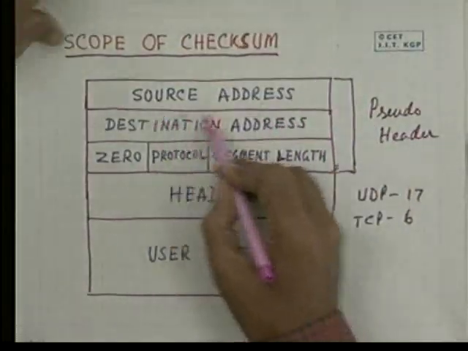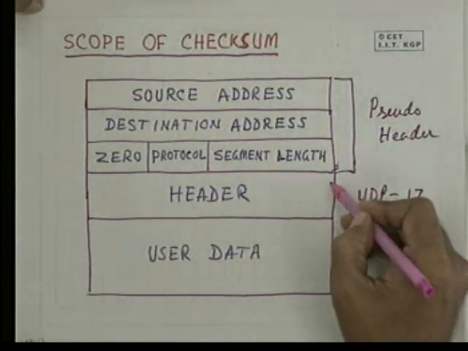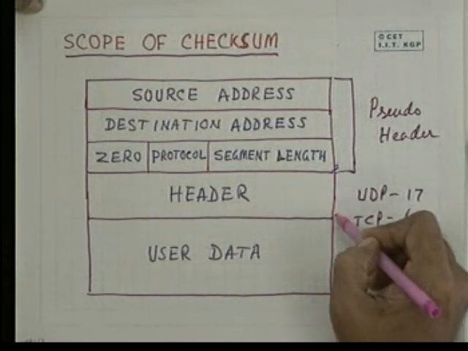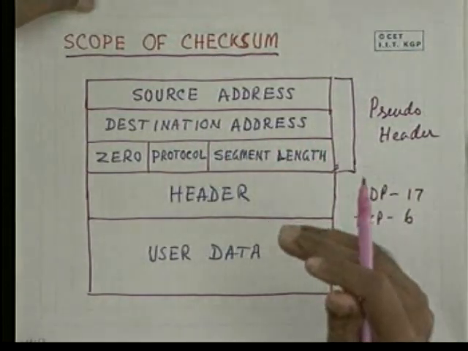That's why the source IP address, destination IP address, which are not part of UDP or TCP header, as we shall see later, these are added so that the datagram is delivered or communication can take place without any error between a pair of applications.